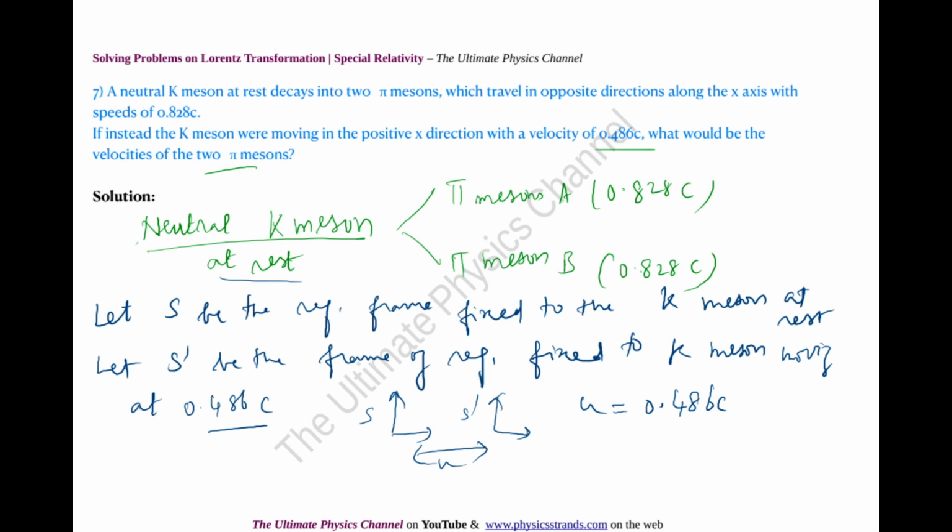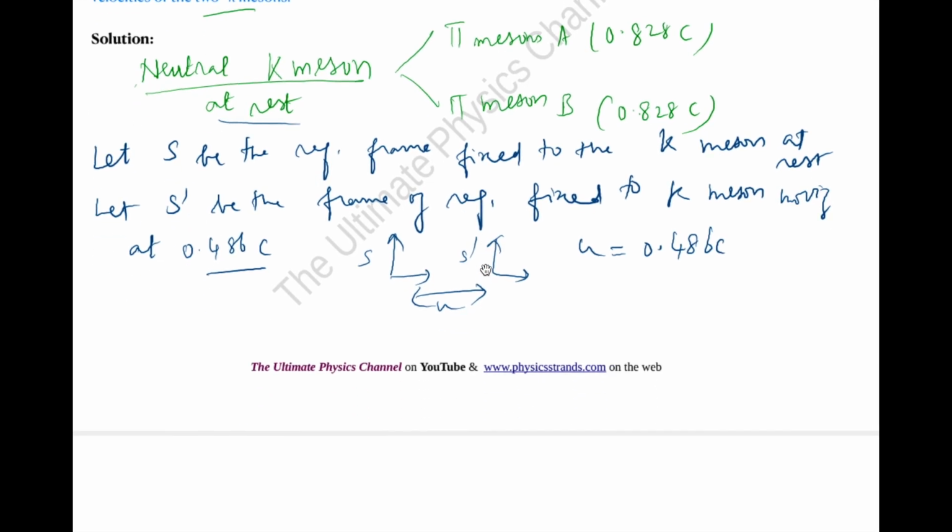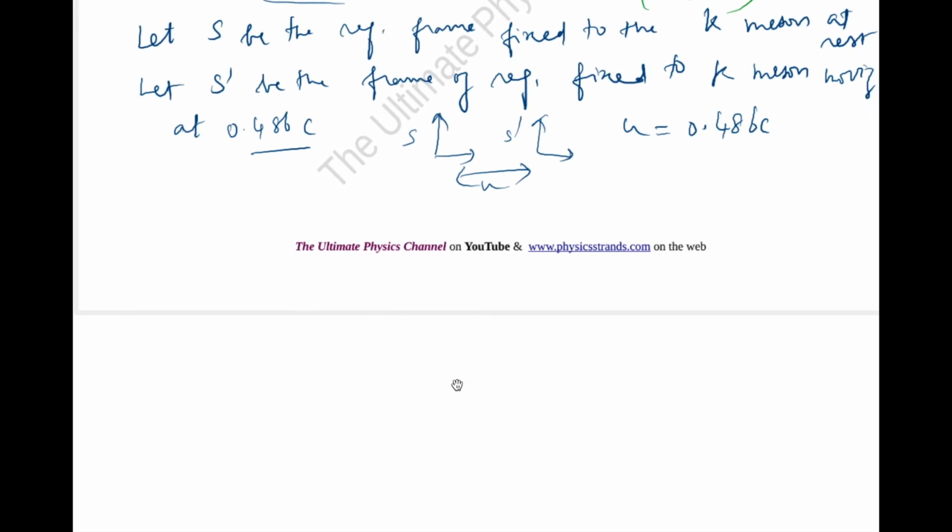So if that is the case, we can simply apply one set of equations, the Lorentz velocity transformation equations, and solve this one. We need velocity of the objects, right? So let us say this is the velocity for the pi meson A, which is obtained from the split of a K meson.